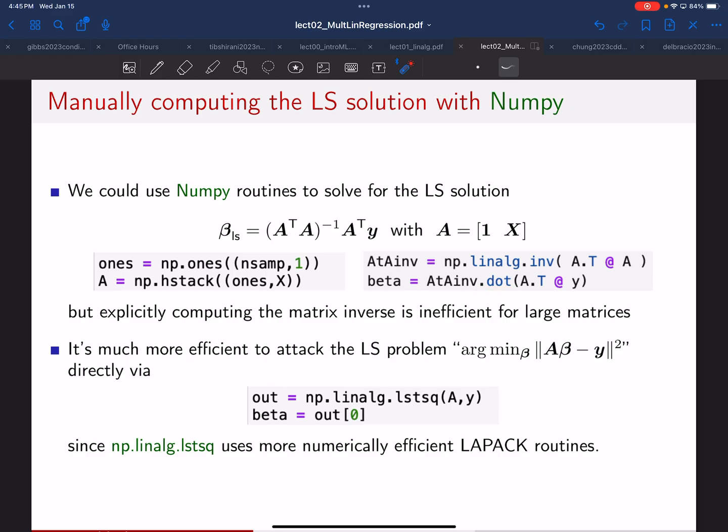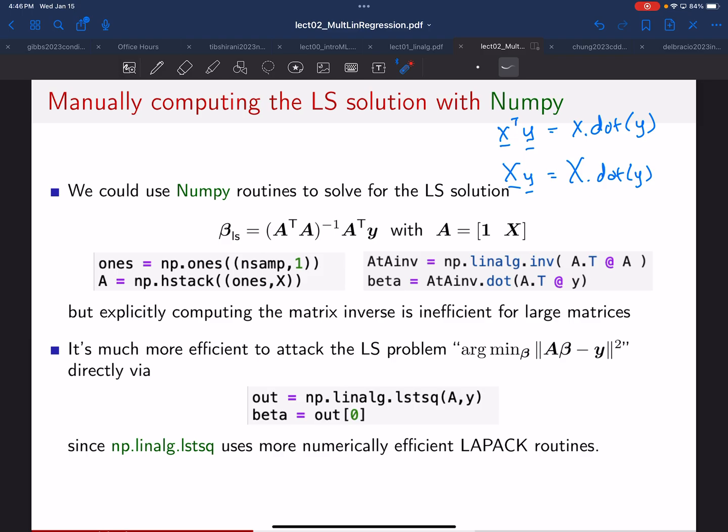The dot operator works if you want to do something like X transpose Y. You could do that as X dot Y. Or this even works if it's a matrix, like capital X dot Y. So matrix-vector or vector inner products you can do with the dot command. So this is just one way to compute the beta coefficients.